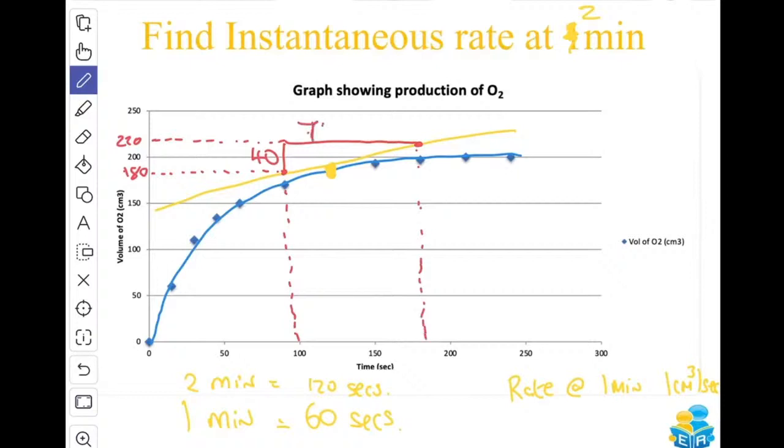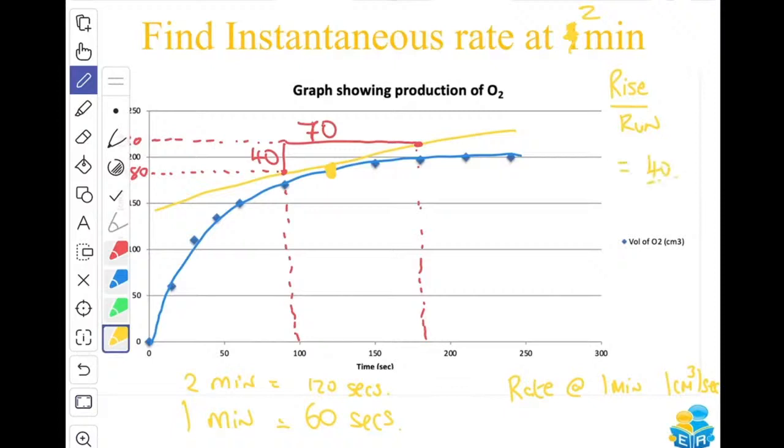So if I do rise over run to find my instantaneous rate, the rise is 40 and the run is 70. That gives me 0.57 centimetres cubed per second.